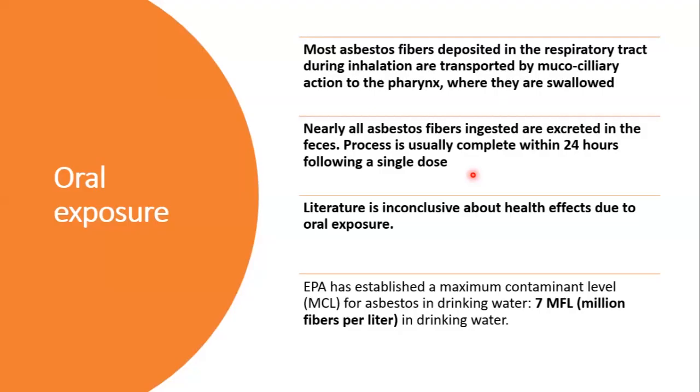Some people say that it causes cancer of the gut and all of that, right? But the EPA in the US has established a maximum contaminant level for asbestos in drinking water, and that is 7 million fiber per liter.